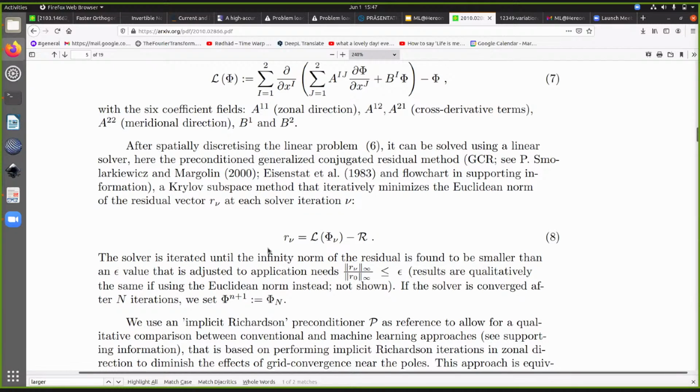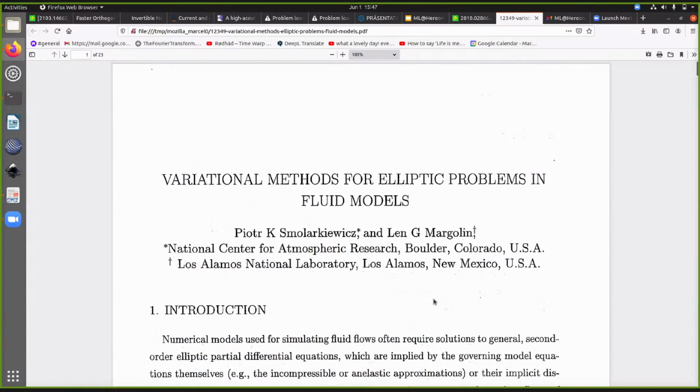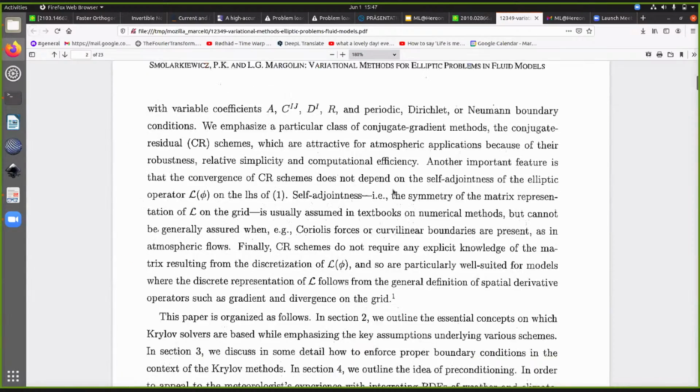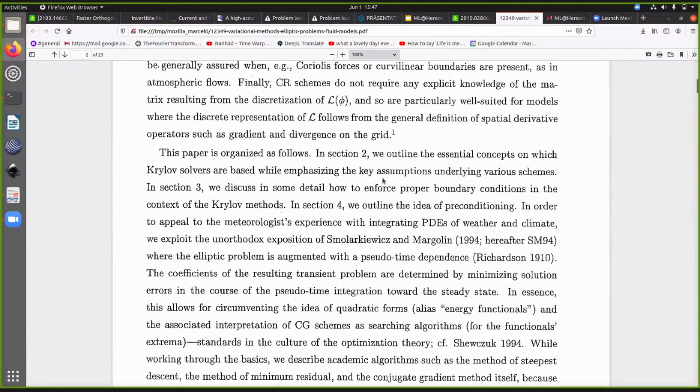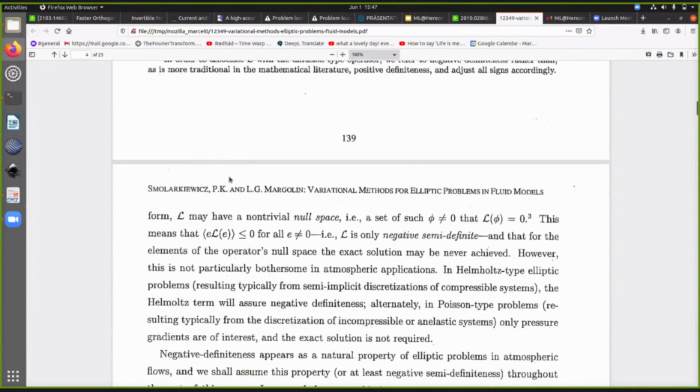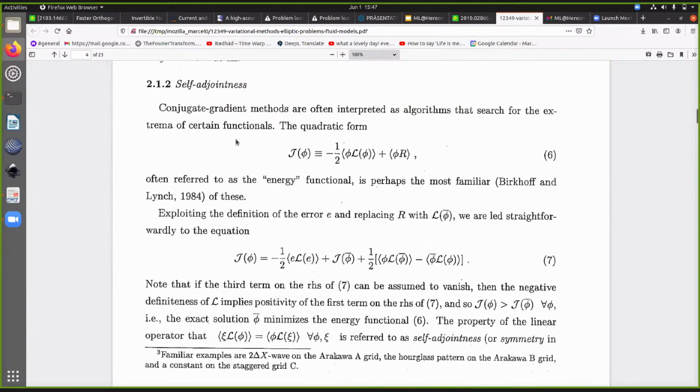If you're interested in this, I would recommend really reading this paper. They have an own section on self-adjointness, in which case it becomes easier. And if I understand it correctly, and I'm really not an expert here, self-adjointness pretty much boils down to symmetry of L. They go into some details on what you may additionally assume.